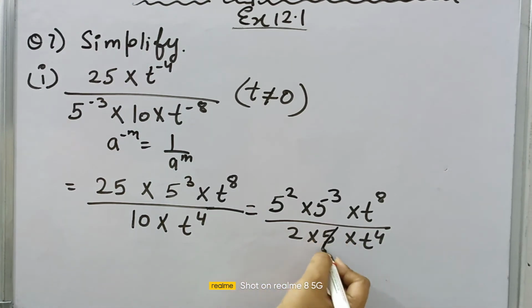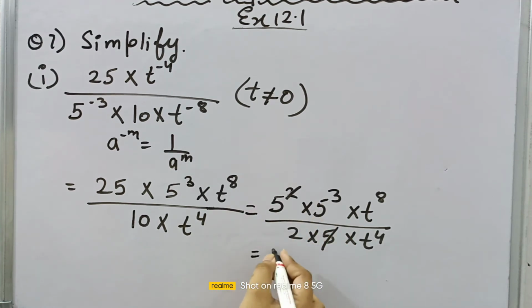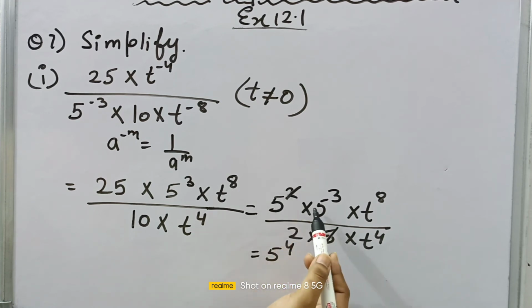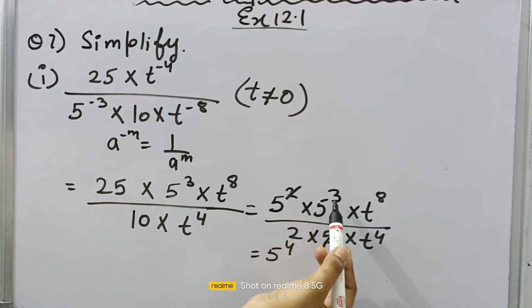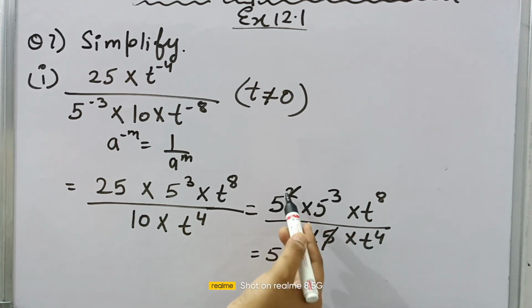Now this 1 5 can be cancelled out with this 1 5 and we are left with 5 raised to the power 4, because this is 3 and this is 1 5. So we will apply the law of multiplication, a to the power m multiply a to the power n, that means a to the power m plus n. So it becomes 3 plus 1, 4.